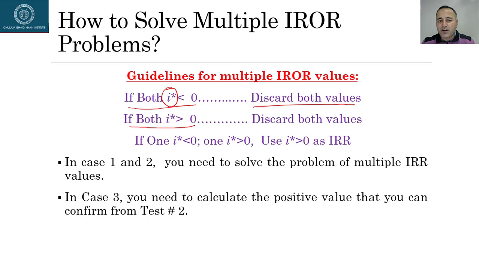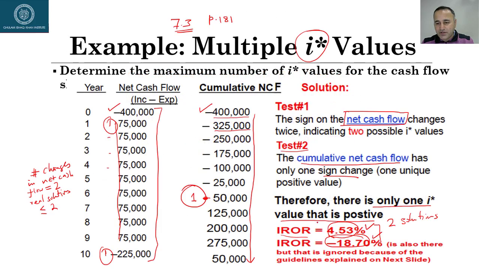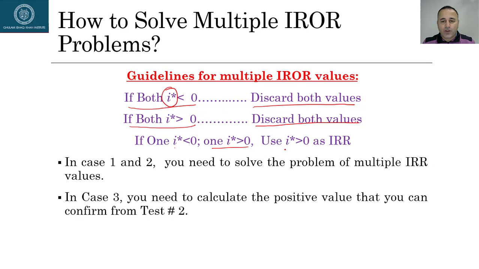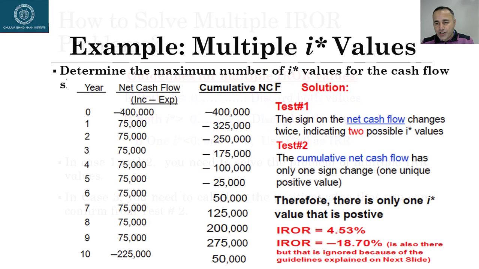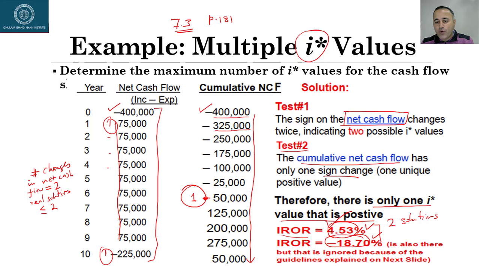If both of them are positive, again discard both of them. If one is negative and the other one is positive, just like in this example, use the positive IRR. So in this situation, we will use 4.53.